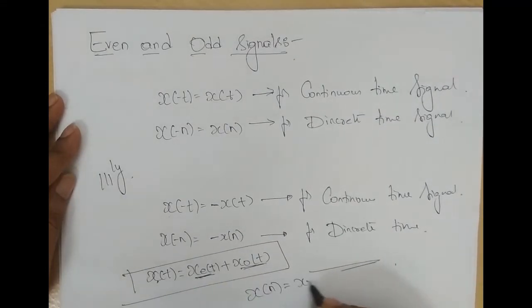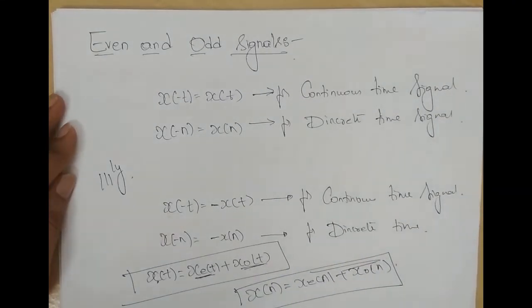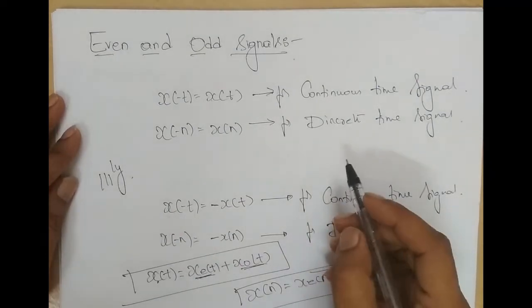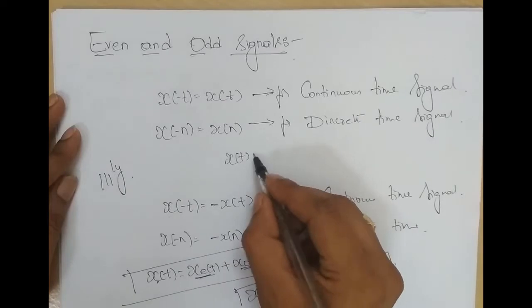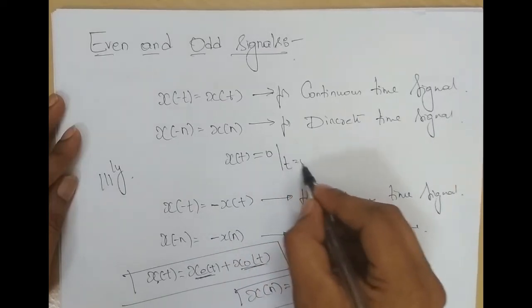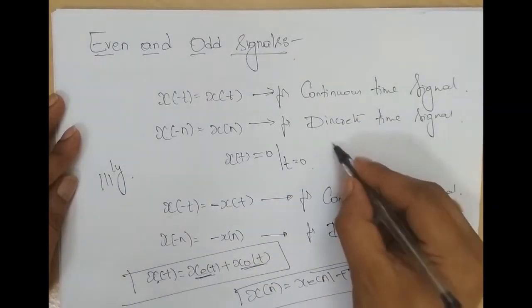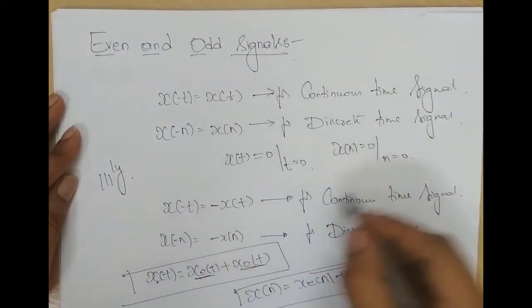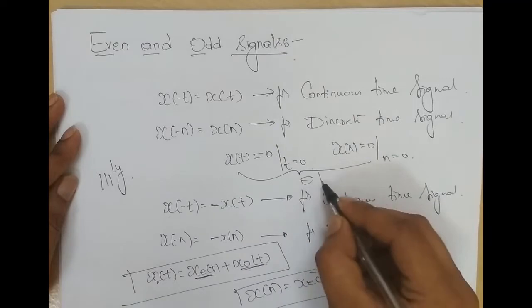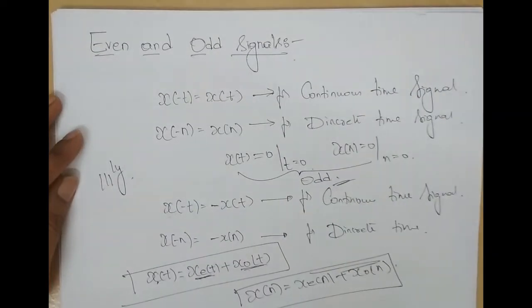X of n is equal to x e of n plus x o of n, right? And also we said that if the signal is an odd signal, its amplitude is 0 at time t equal to 0. Similarly for discrete time, x of n is equal to 0 at n equal to 0. This holds good if the signal is odd, right?